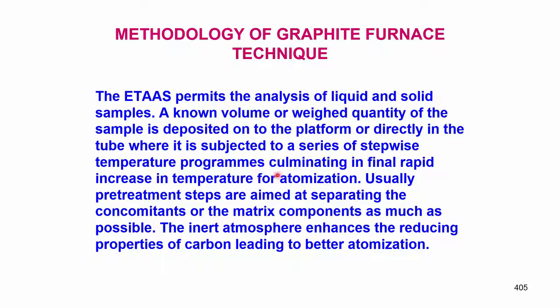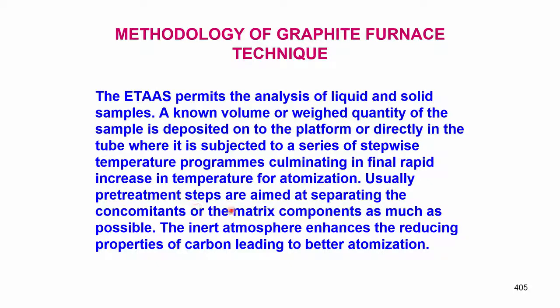heat it to 400 or 500 degrees centigrade to remove other organic compounds, and then finally heat it to around 800 to 1000 degrees centigrade to convert all the chlorides and sulfates, etc., to remove them from the sample matrix, and finally we make a rapid heating in temperature to 2500 degrees for atomization.